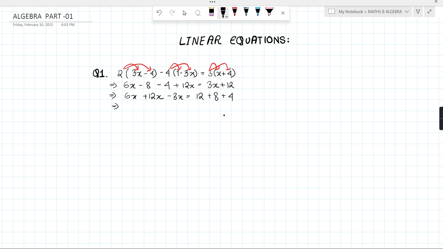Eventually it will be 15x equals 24. The final answer would be x equals 24 over 15, and if you simplify this fraction, the value for x is going to be 8 over 5.